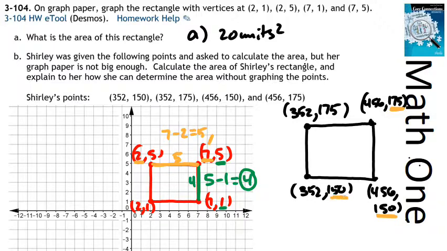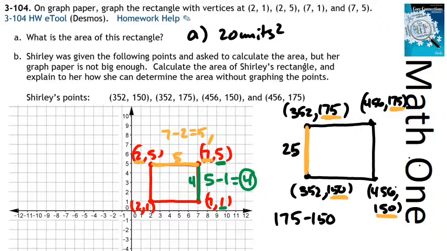I'm not great with arithmetic, but even I can figure out that if I take 175 and subtract 150, I'm getting a change of 25 units. So this dimension is 25 units because I'm traveling from 150 to 175. 175 minus 150 is 25.